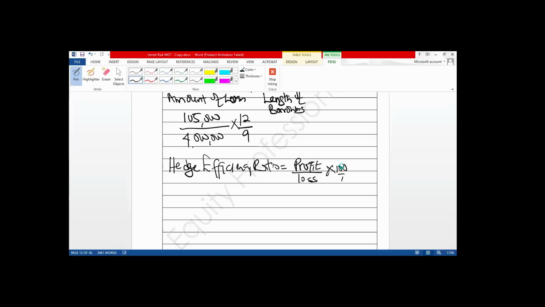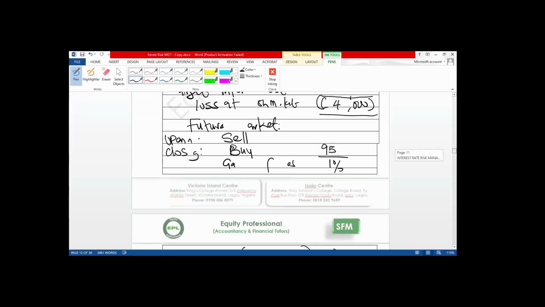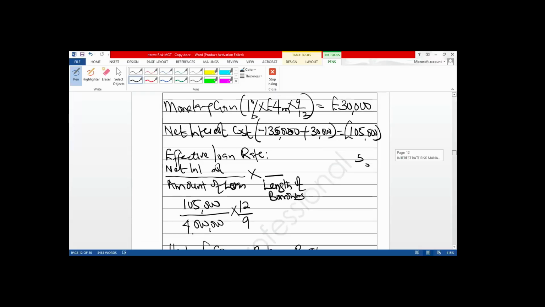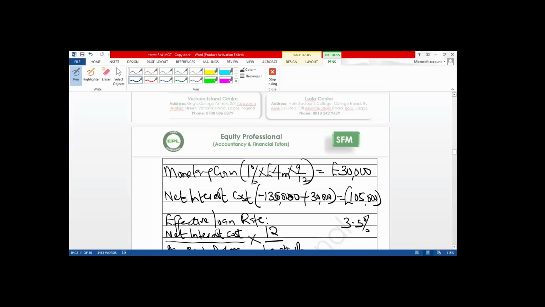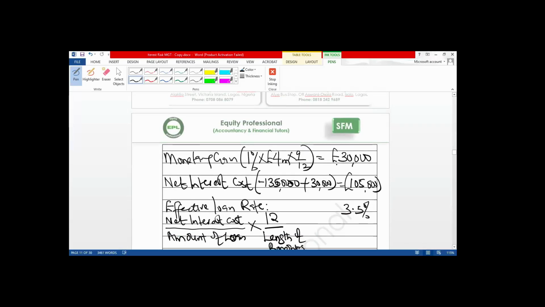And we said these markets are designed in opposite direction. If you make profit in one market, you must incur loss in the other market. If you incur loss in one market, you must make profit in the other market. Look at this question now. We achieved profits of 30,000 naira at the futures market.